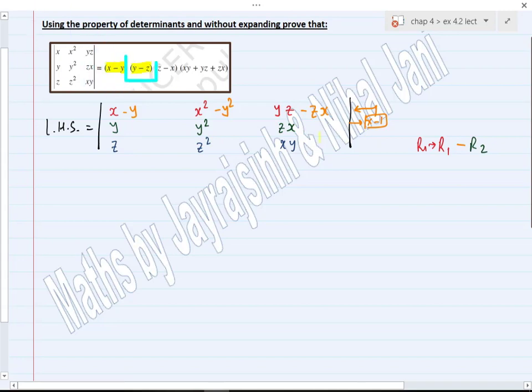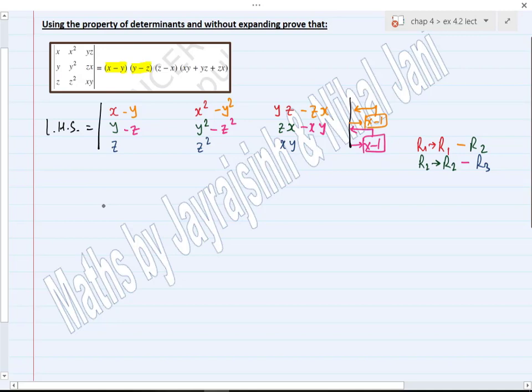Similarly, to get y minus z, the preferable operation is r2 gives r2 minus r3. That means we have to multiply minus 1 with the third row and add into the second row. Here we'll get z minus 1s are minus z, z square minus 1s are minus z square, and xy minus 1s are minus xy.